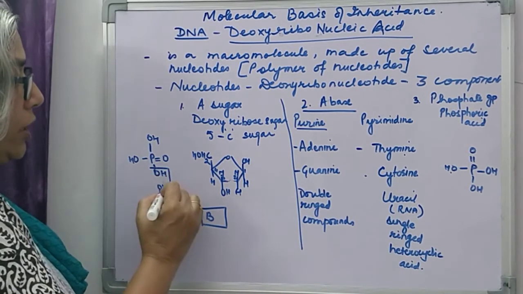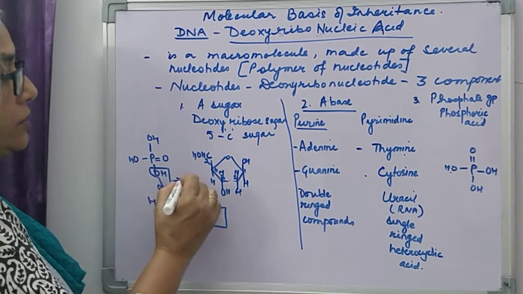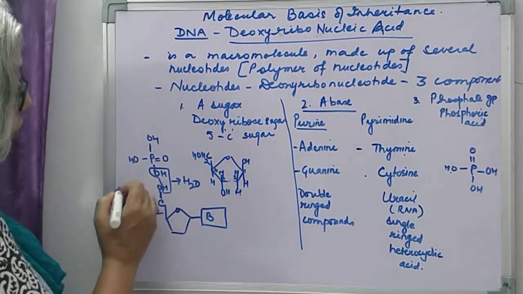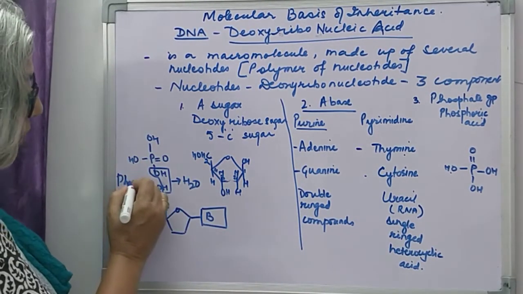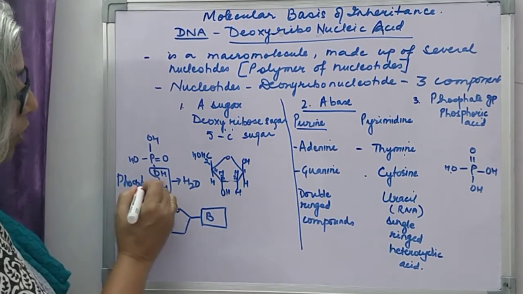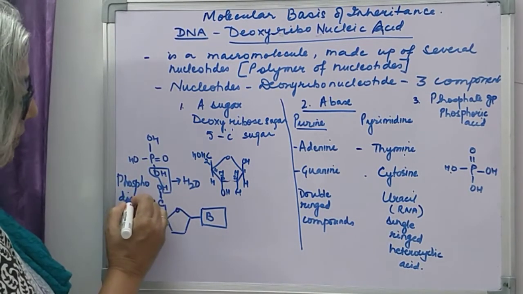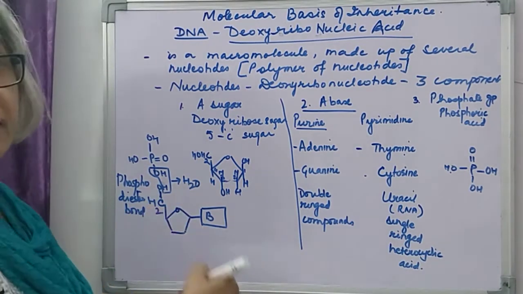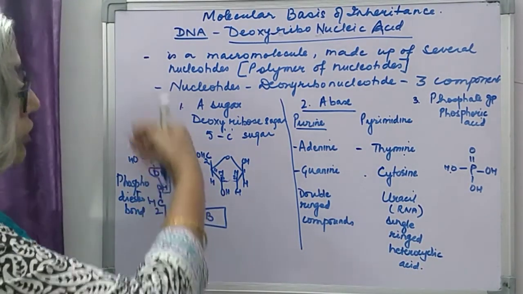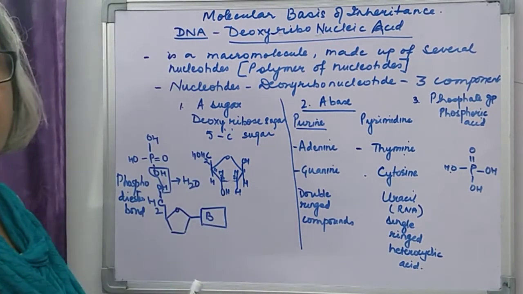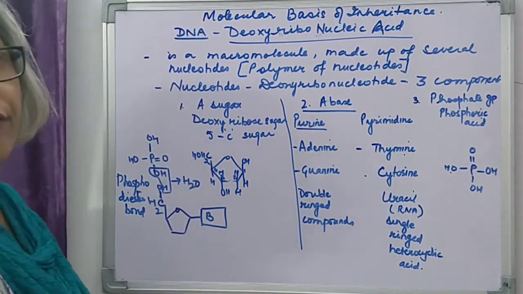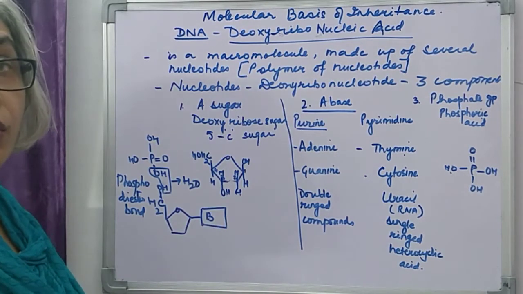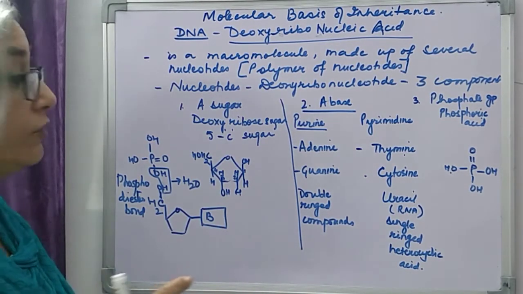So a molecule of water is removed and a phosphodiester bond is formed. This bond that is formed here is a phosphodiester bond, and this sugar phosphate forms a backbone of the chain of nucleotides, or a single strand of DNA.